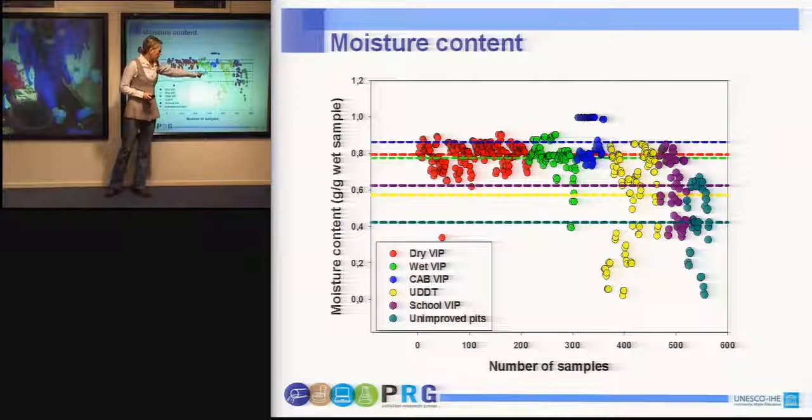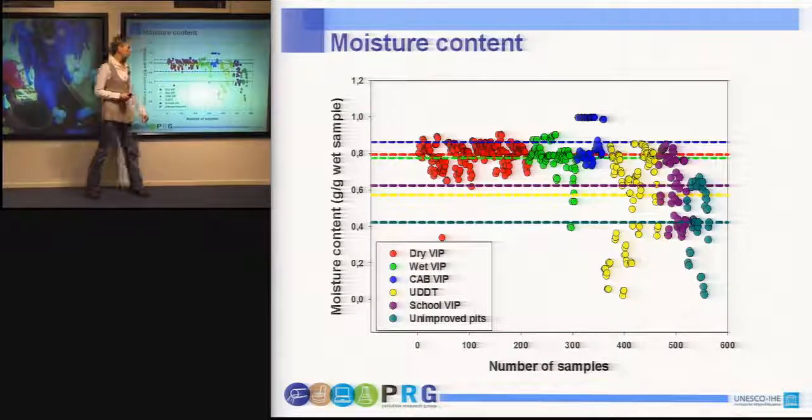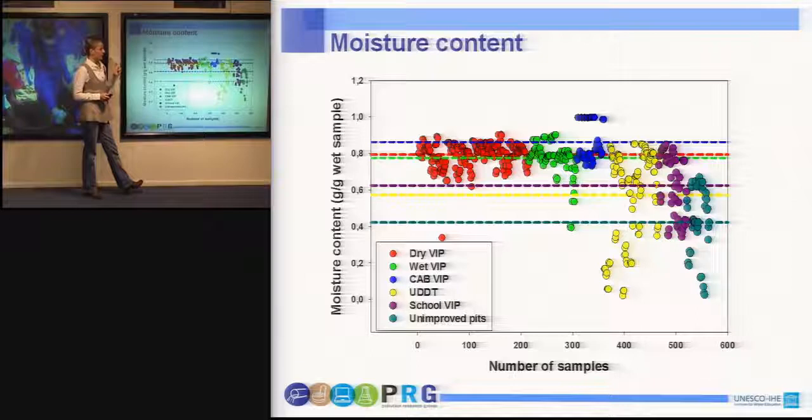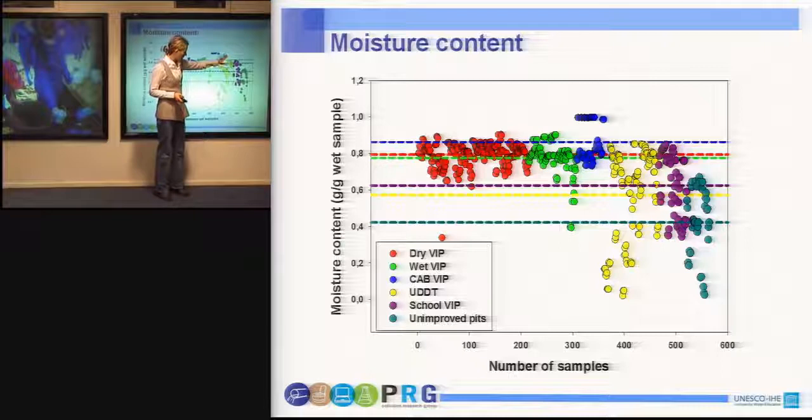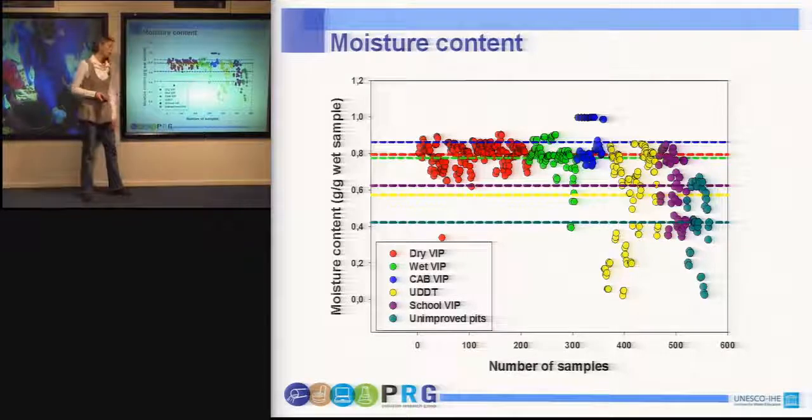For the wet VIPs, these are the analyses only from the sludges accumulated on the top of the pit. We have not included the liquid phase. It shows a pretty similar tendency as for the dry VIPs. Then in yellow are all the samples that we have collected from urine diversion toilets.